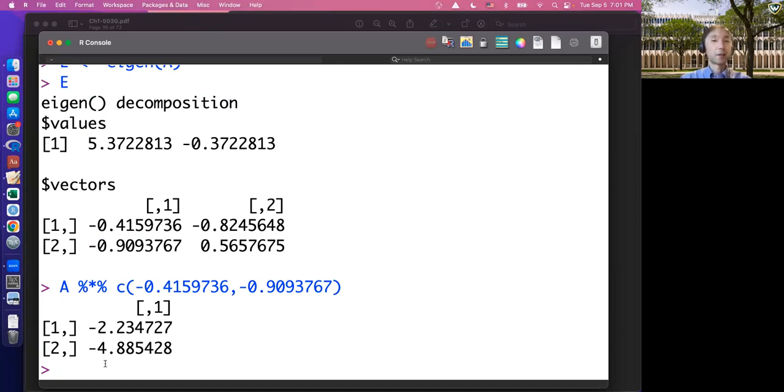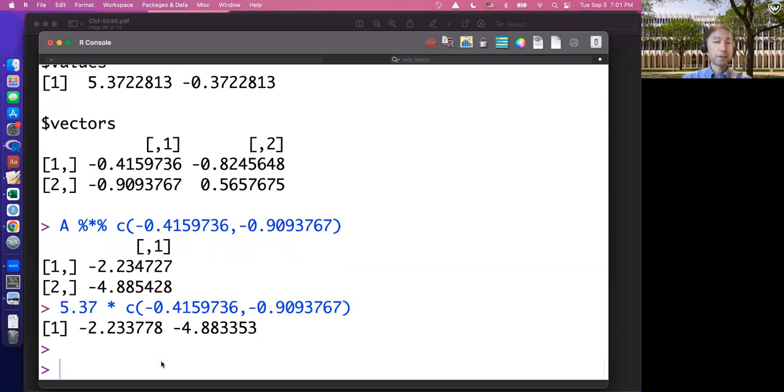So we can double check this, 5.37 times this vector. So we get the same answer, maybe with some rounding errors.